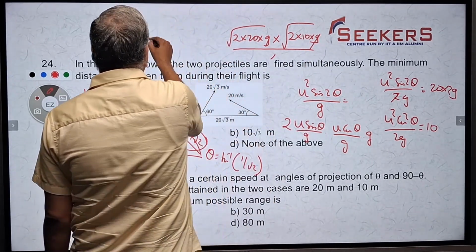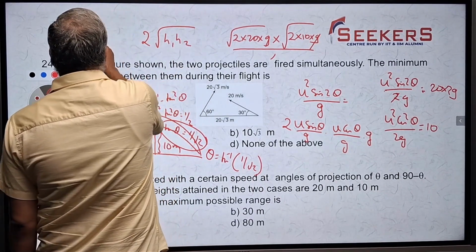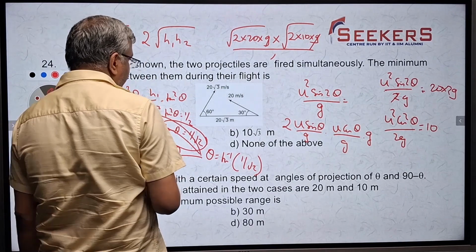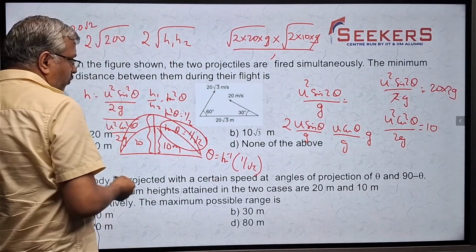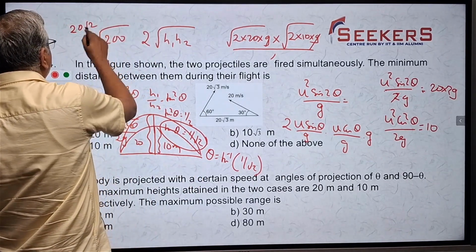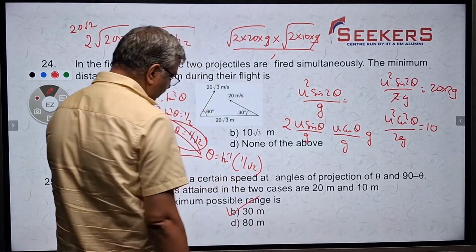The simple shortcut to remember is 2 times root of h1 into h2. That will be 2 times root of 20 into 10, that is 200, so that will become 20 root 2. Root 2 is 1.414, so 28, close to 30 meters. So the range is close to 30 meters.